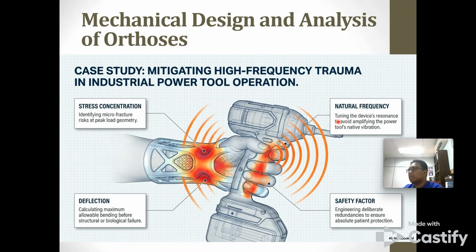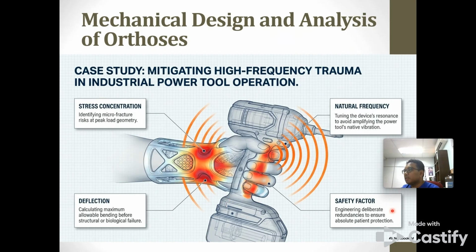That means you need to measure it so that the operating of the tool does not coincide with the natural frequency, to avoid very high vibration transferred to your hand. Tuning the device resonance to avoid amplification of the power tools. Sometimes the device may have some loose nuts that can also contribute to the high vibration.